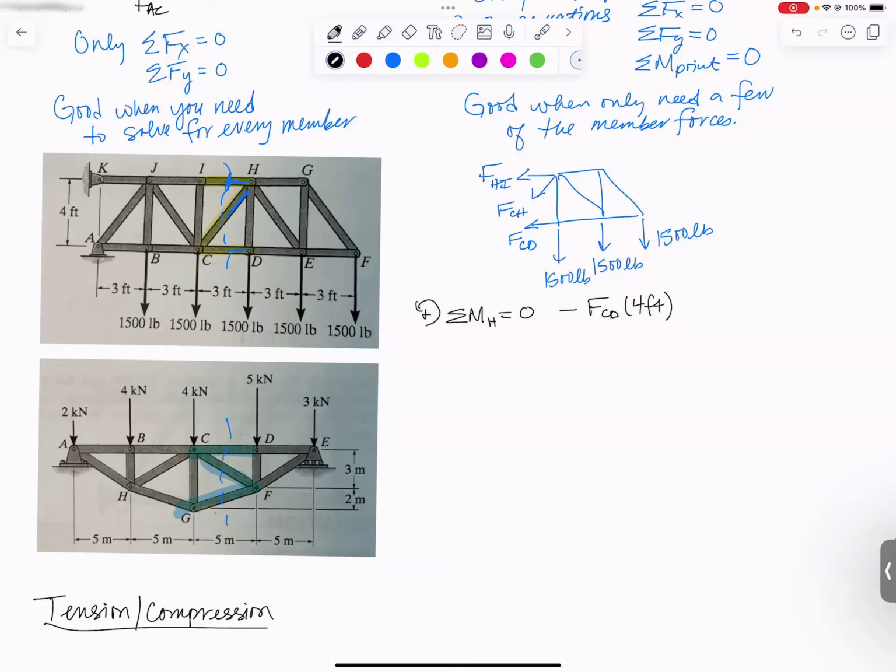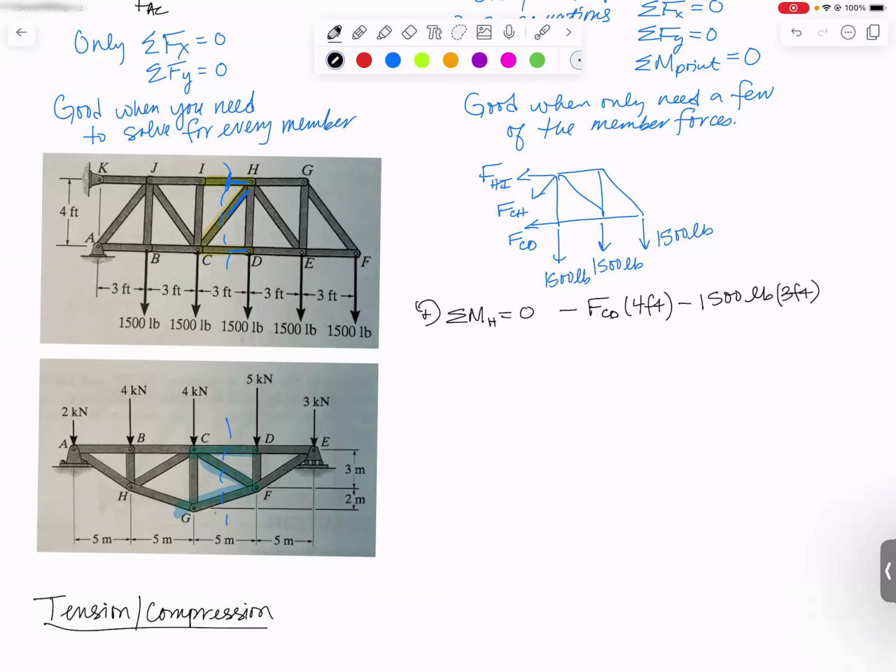And then the other three forces, let's see which will cause moments. This 1,500 right here is actually lined perfectly up with point H and will not cause a moment. This one, however, is 3 feet away, and since from point H you go right 3 feet and down, it's going to cause also a clockwise moment. So I'm also going to call that minus 1,500 pounds times 3 feet.